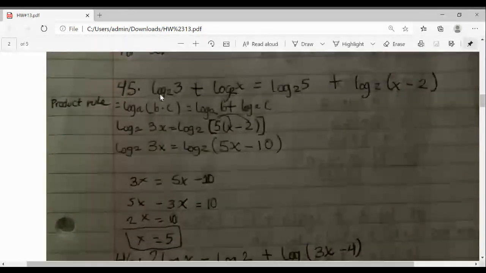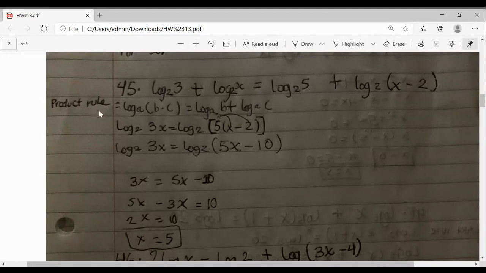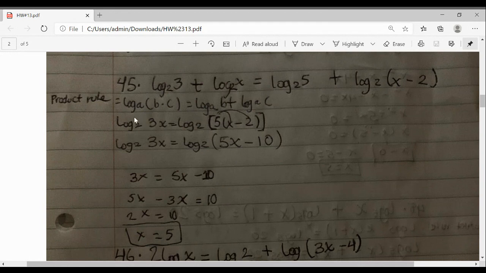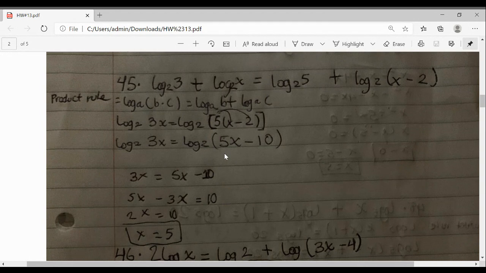So to solve this one, I use the product rule. So it's log base a of b times c. Good.